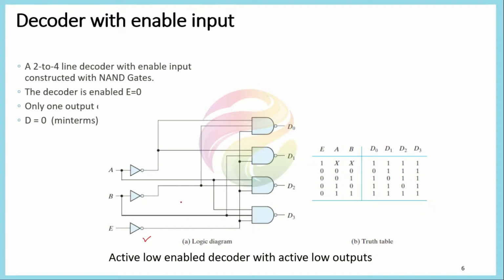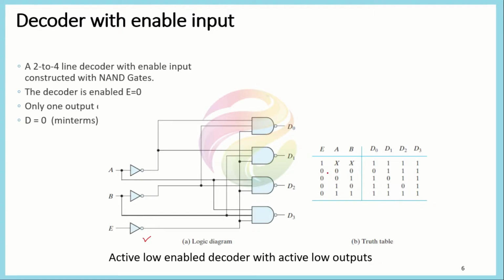In this case, with active low enable, against any combination of A and B, one of the outputs from D0 to D3 would have a value equal to 0, and the rest would be equal to 1.